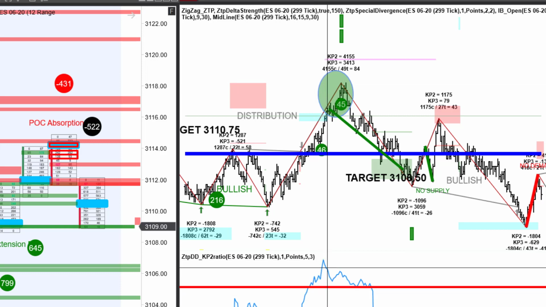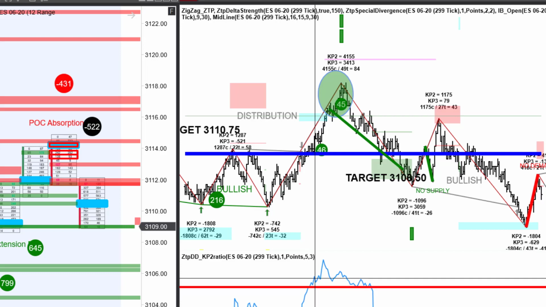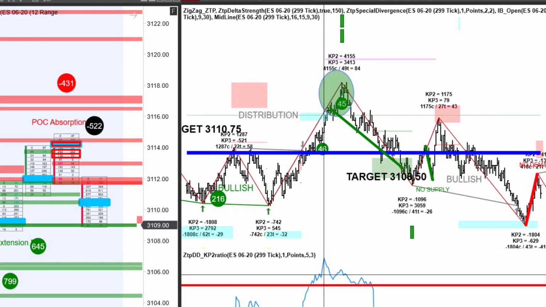Again, the ratio indicator was performing exactly as expected, responding with price and responding with additional resistance here.